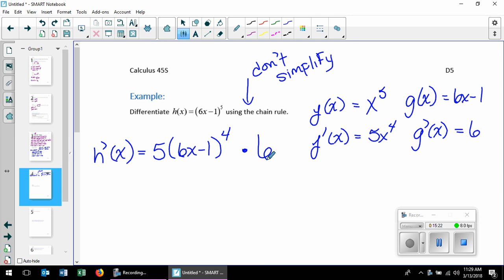Just leave it. I don't want you to simplify. Again, in calculus, we do a lot of stuff with our calculator. So, I mean, you could get fancy pants if you wanted to.